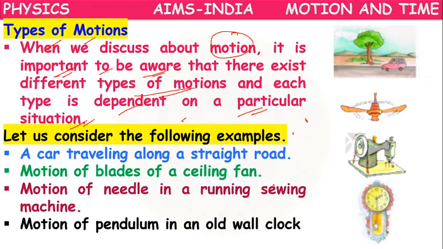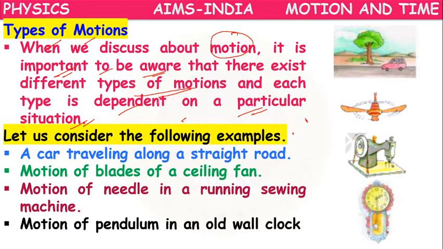So whenever we mention motion, we have to mention the type of motion also. Then only we can understand the situation better and give the answers easily. If we treat all kinds of motion the same, we cannot get the answers.